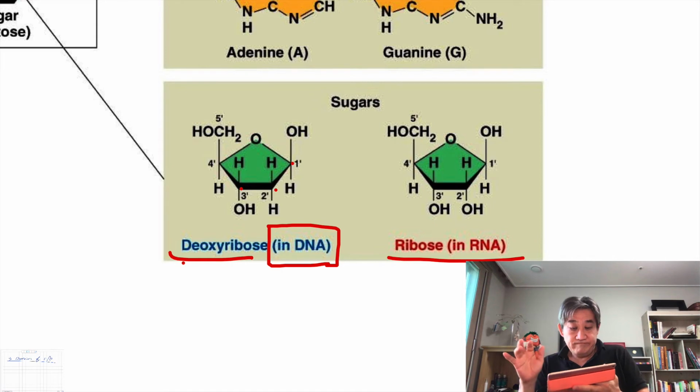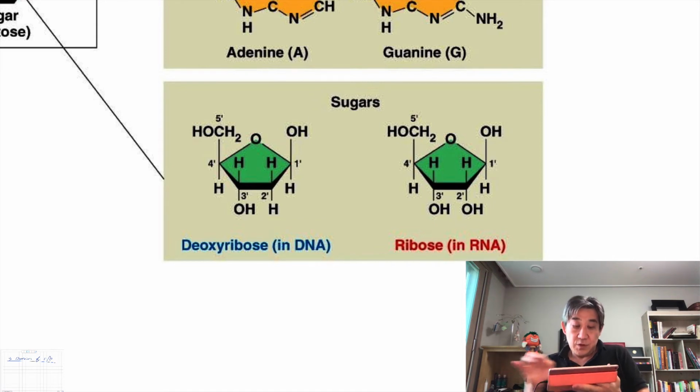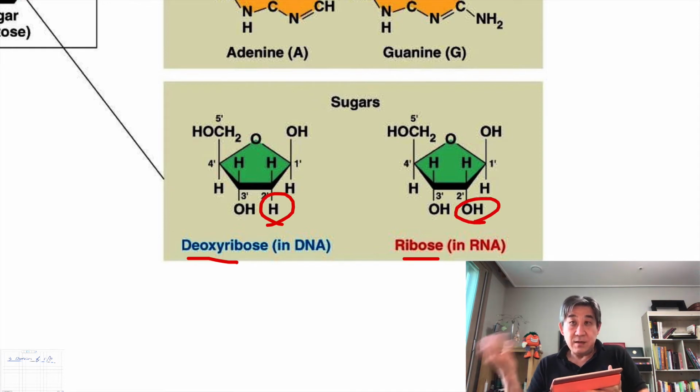And if you compare deoxyribose and ribose, you will easily point out there is only one difference, in this position: the component attached to carbon number 2.